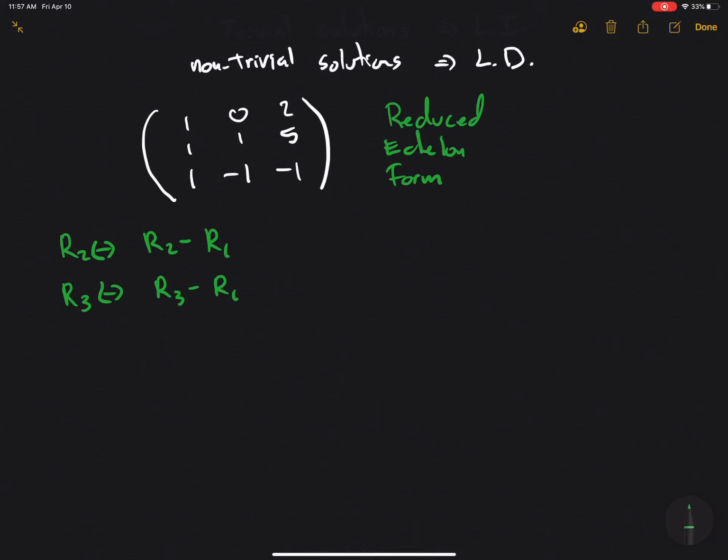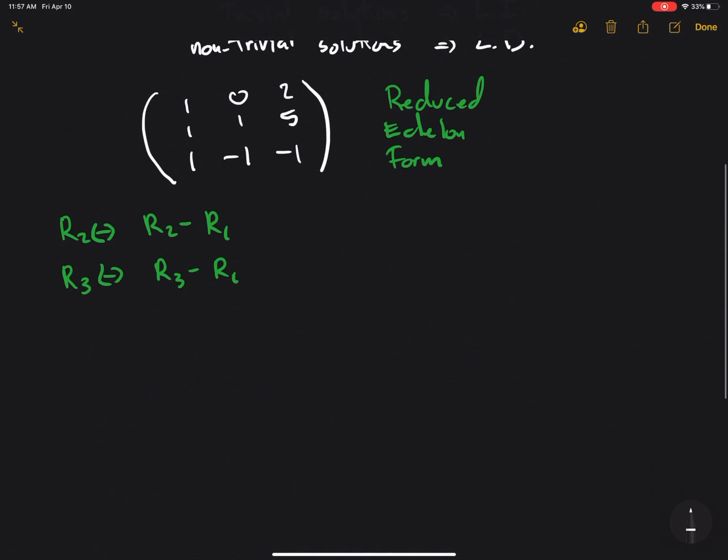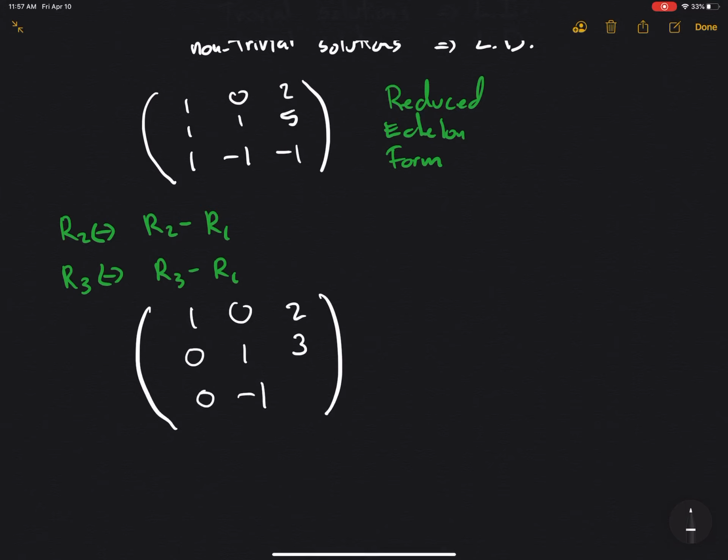So if I do this, then I will get the first row to be the same. My second row would be 0, 1, and then 5 minus 2, that is 3. And then my last row, that would be 0. This will be negative 1. And then negative 1 minus 2, that will give me negative 3.